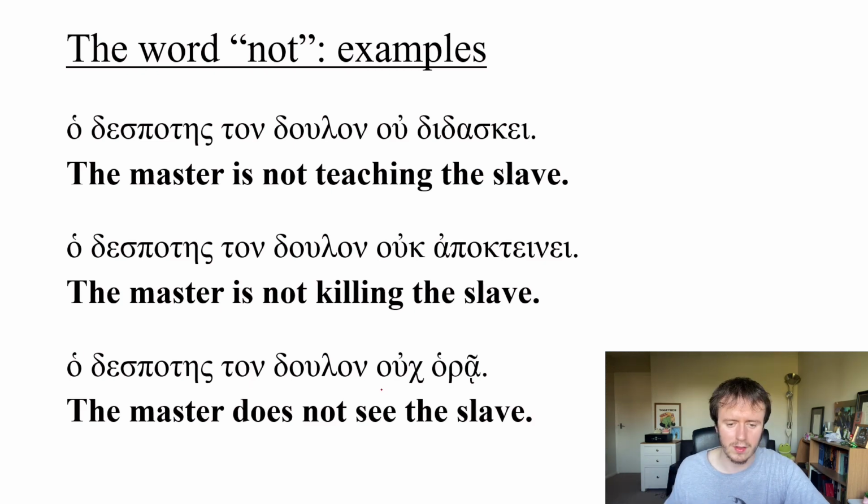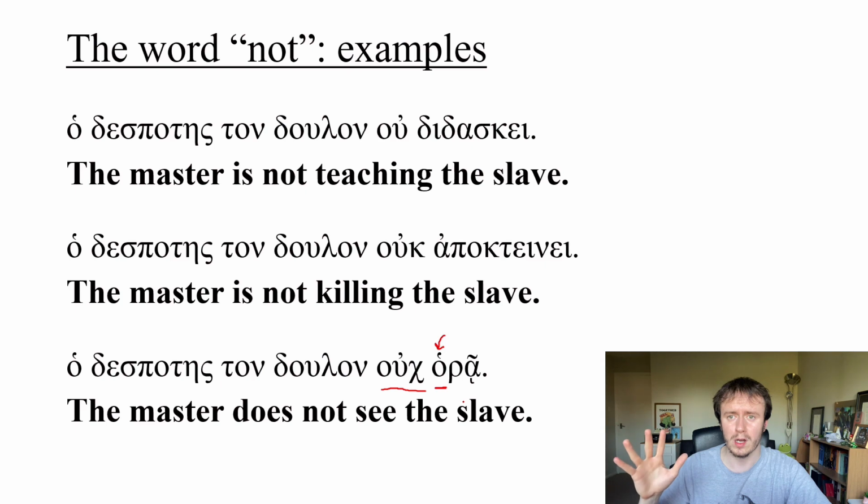And in this sentence, we had the word ouch used because the next word, horai, begins in a vowel with a rough breathing. And so that aspiration that's contained within the rough breathing, that sound, spreads onto what would ordinarily be ouk.